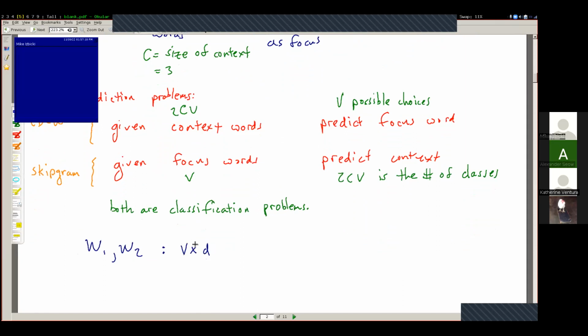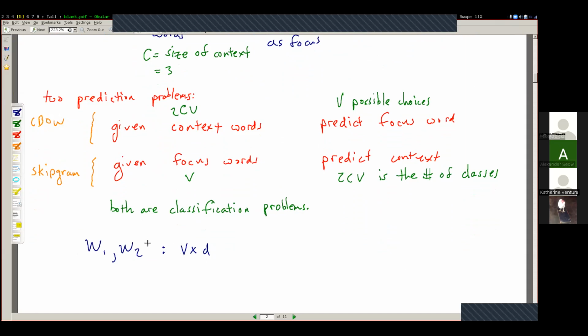That blog post said N, but we'll use D for consistency with everything else. So it's a V by D matrix.